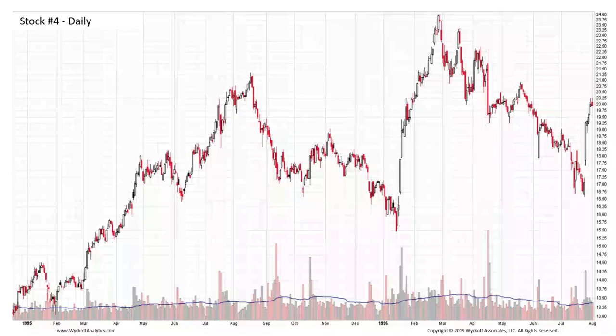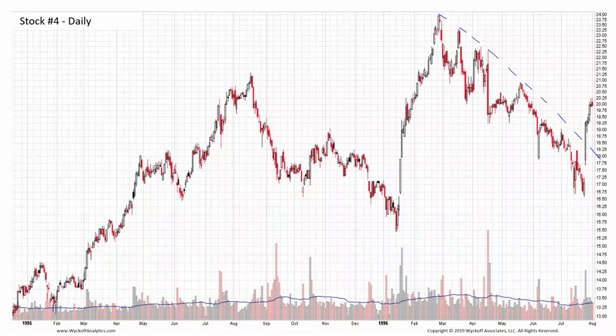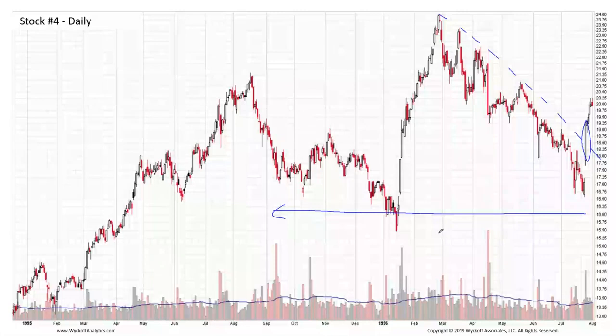Okay, so let's look at this. It broke the downtrend. Indeed, it did. Large cause build. So I'm assuming this would be the cause. High low. All right.